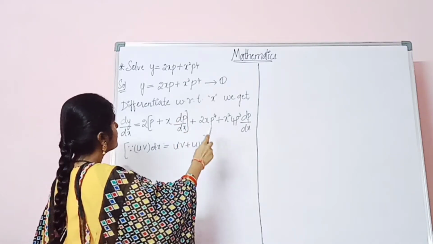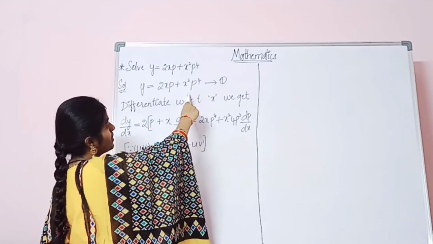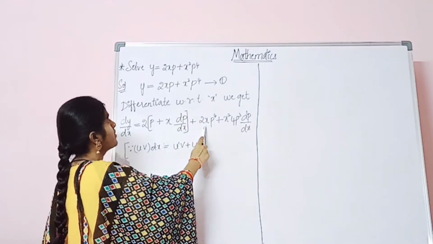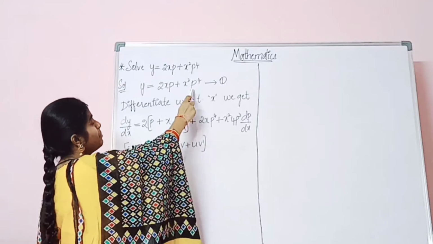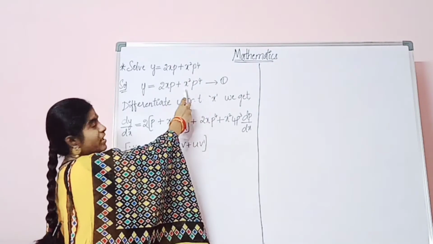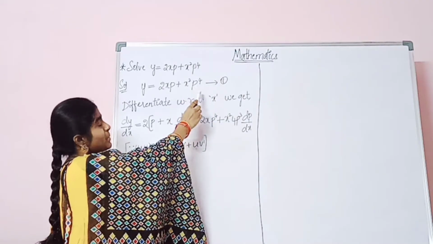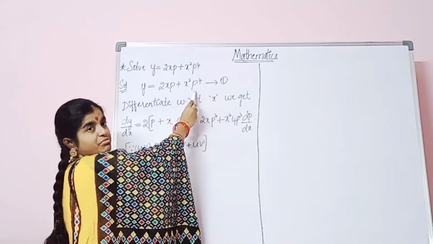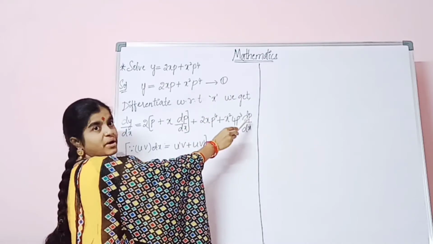Plus differentiation of x square, which is 2x, into v, which is p power 4, so 2x into p power 4, plus u, x square, into v dash. Differentiation of p power 4 is 4p cube dp by dx.